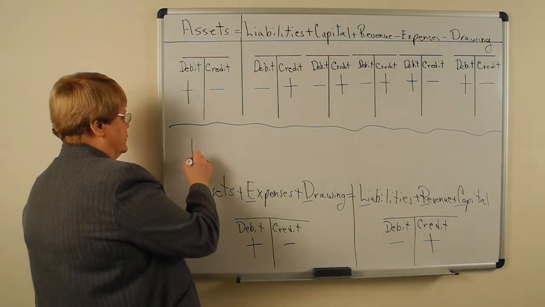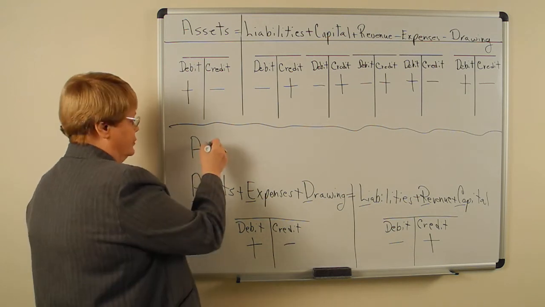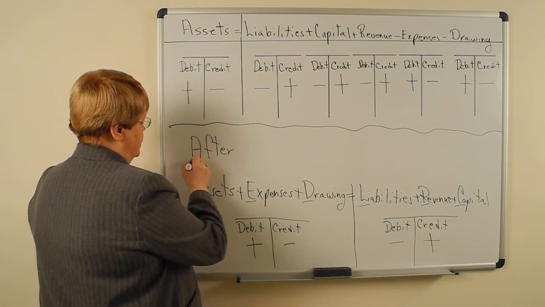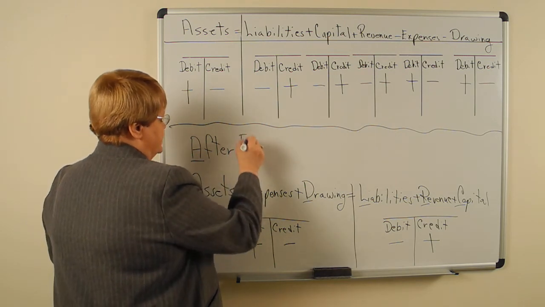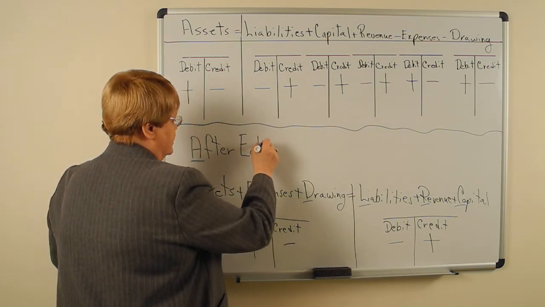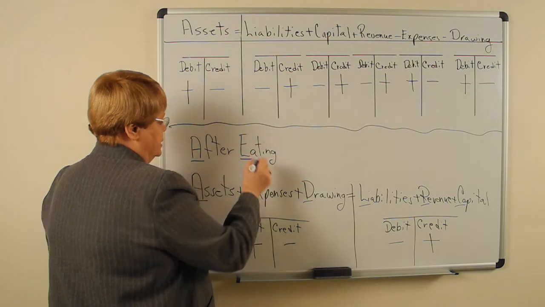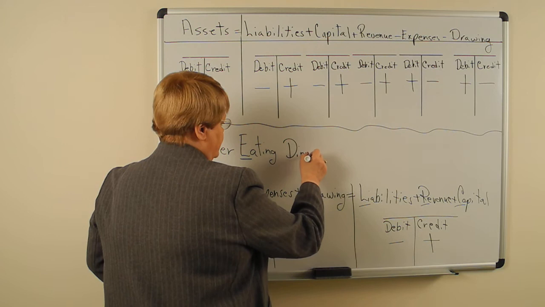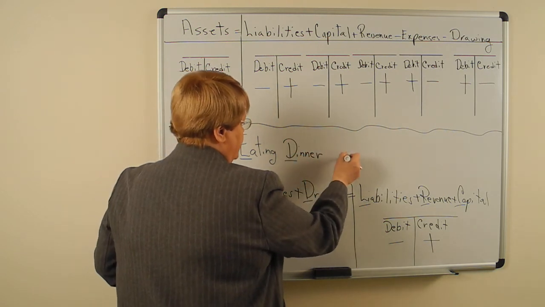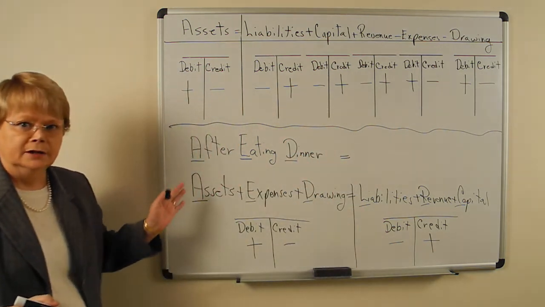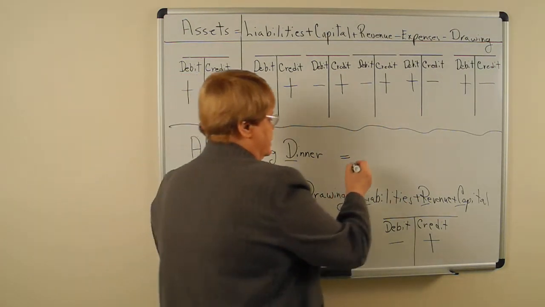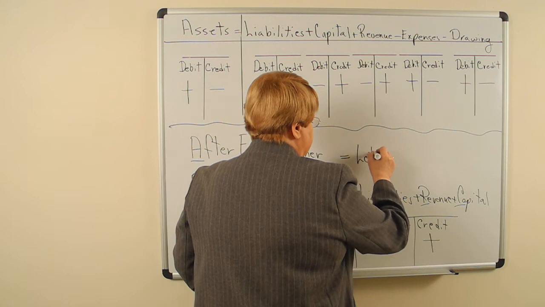So, for assets, for the A, I'm going to say after. And here's my A. For expenses, I'm going to say eating. And here's my E. And for drawing, I'm going to say dinner. And here's my D. I'm going to go ahead and put the equal marks here because we are dealing with two sides of an equation. Over here, for the liabilities, I'm going to say let's.